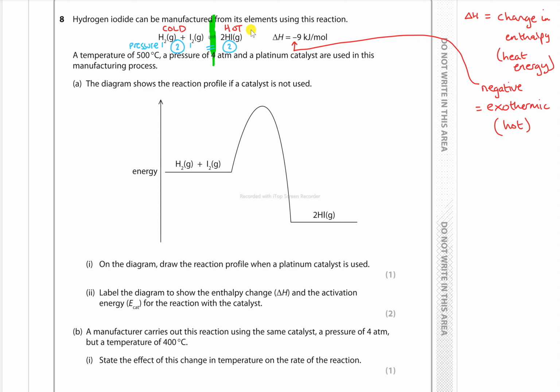So a temperature of 500 degrees C, 4 atmospheric pressure, and a platinum catalyst. What did you say a catalyst was? A catalyst. Remember the 3 parts to it.